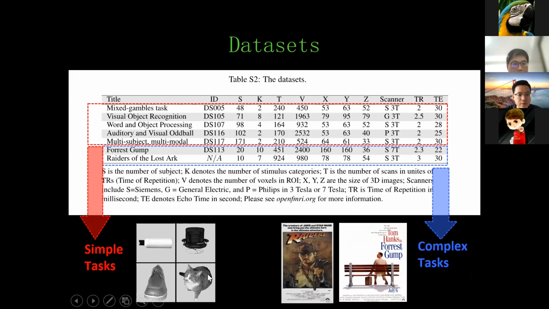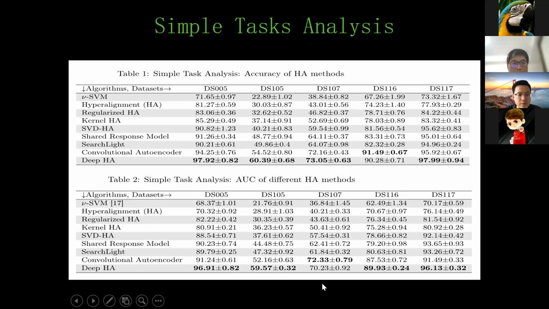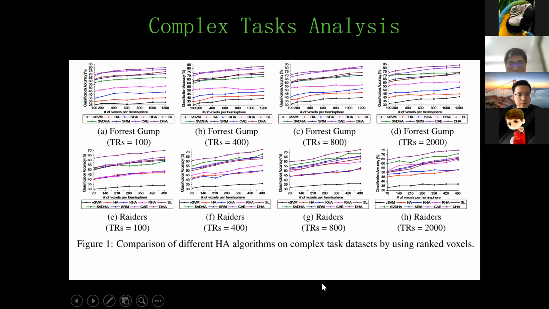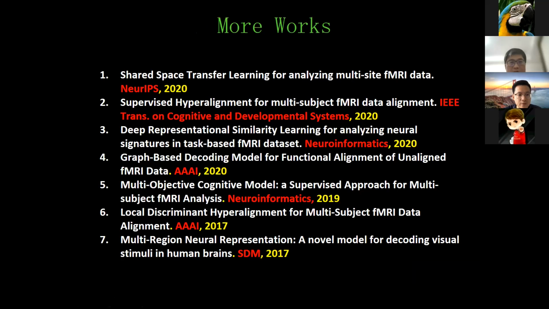Here for some simple tasks, we use the data when a person sees some still images, and also some complex tasks, where the person watches a movie. Okay, and for each task, our method can get the best performance.